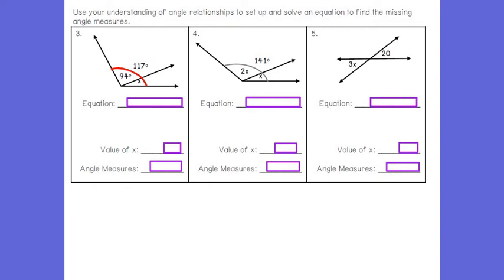They said these 2 angles add to 117. How can I write that equation? Like we did yesterday. 94 plus x equals 117.